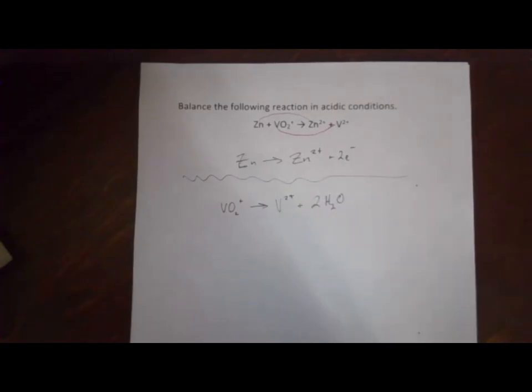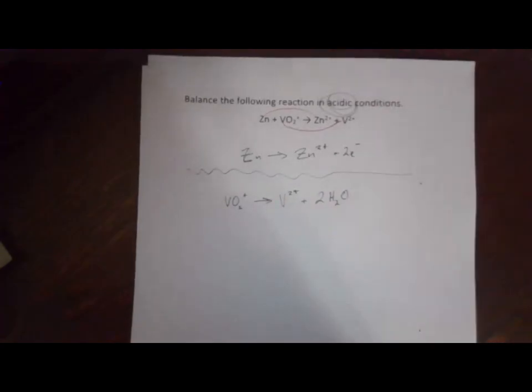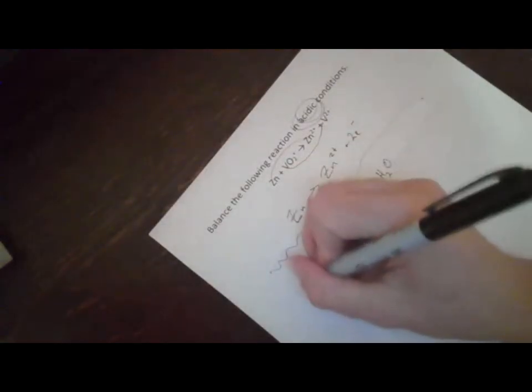We can deal with that by using the fact that we are under acidic conditions. We're going to have hydrogens associated with the acid. Normally, we talked about these previously as being part of hydroniums, but we're just going to use H+. That's the atom that is indicative of acidic situations, of acid-base chemistry.